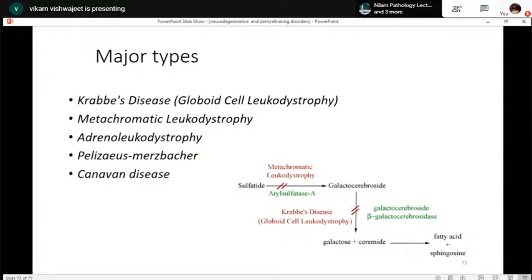So what happens in this disease? Sulfatides are produced, but they are not degraded by the oligodendroglial cells and Schwann cells. Because of that, they get accumulated within the macrophages.